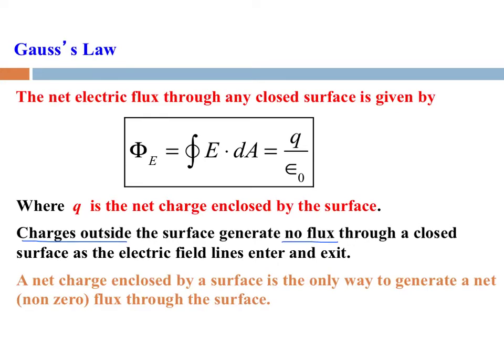That does not mean it doesn't have an effect on the electric field at the surface, but it does have no effect on the electric flux. And we'll see examples of that in class. Also, a net charge enclosed by a surface is the only way to generate a net or non-zero flux through the surface. So again, we need to have that net charge in order for us to have a non-zero flux.